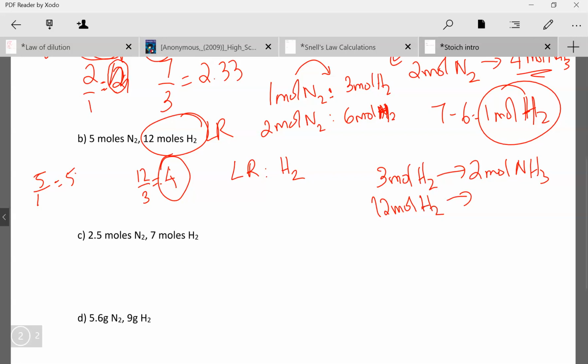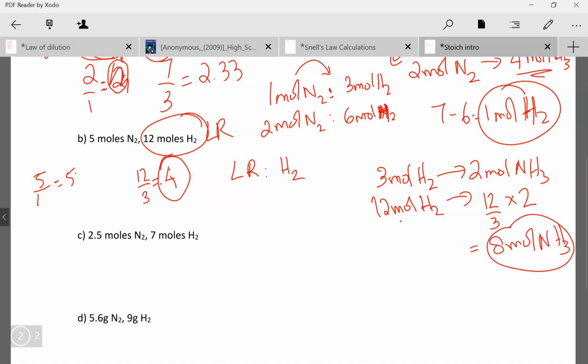So I'm going to do the same thing. I'm going to do 12 divided by 3 multiplied by 2. And you can see the pattern here. You start with this, you always multiply by whatever's on top and divide by the diagonal. And we'll talk about that also. We'll do a lot of practice with this so you get the hang of that. And this is essentially 8 moles of ammonia is produced. So we have found how much product is produced.